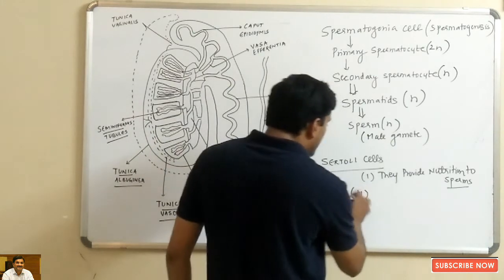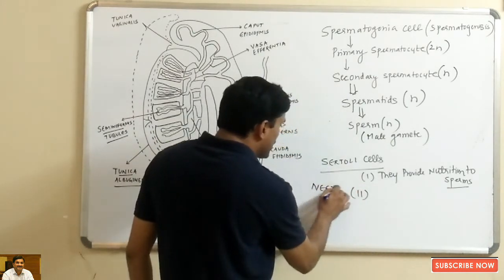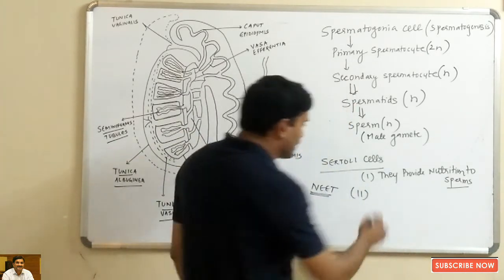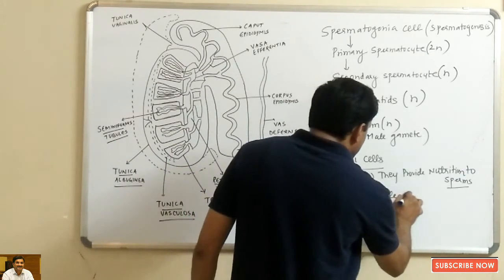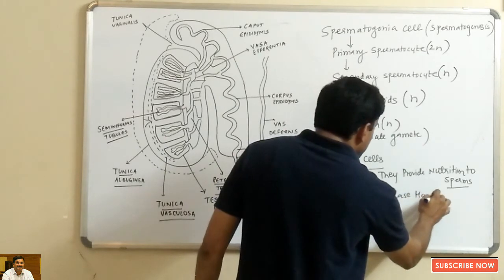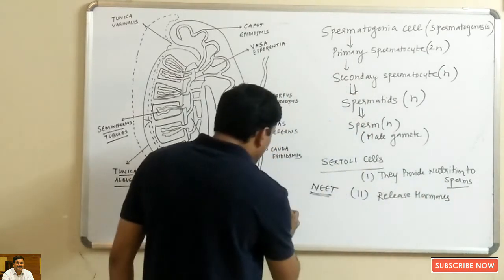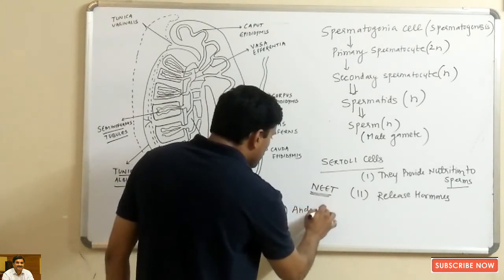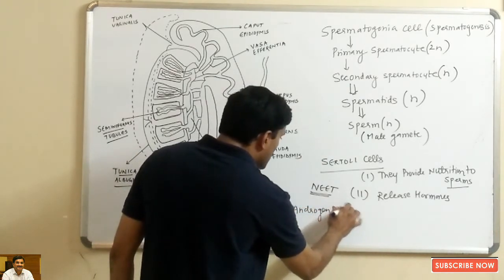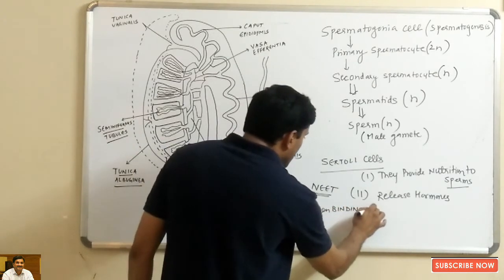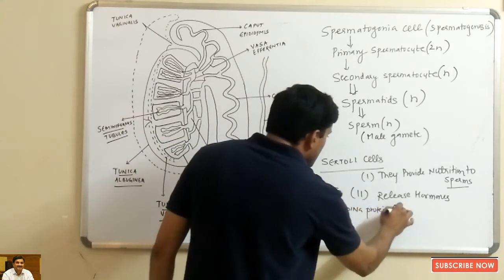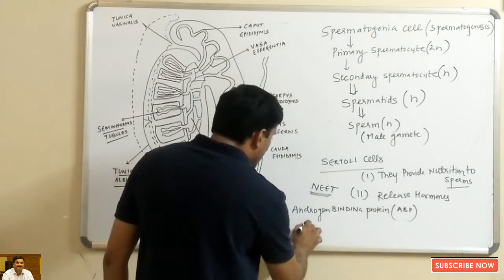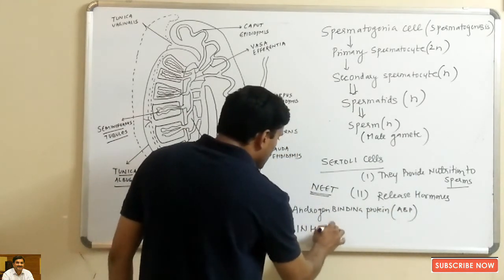But the second very important role, which can be asked in the NEET exam, is that the Sertoli cells are also endocrine in nature, and they release hormones. They release two types of hormones. The very first one is androgen binding protein, also called ABP, and the second hormone is inhibin.